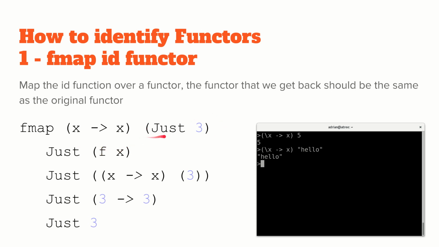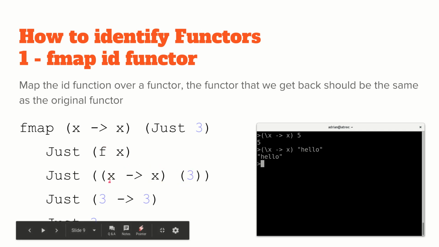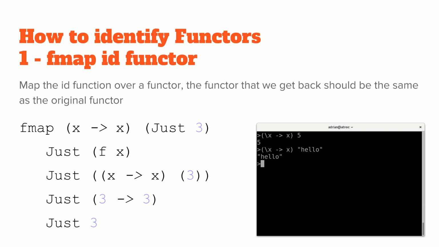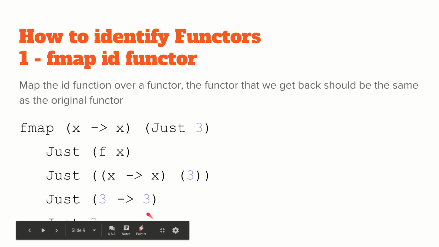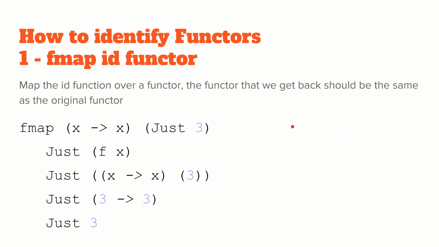So as you can see, value in, function in, the value goes in, it gets evaluated to 3, ID 3 is 3, and then we recreate our functor using just. And so that's it really. So that's one of the laws.